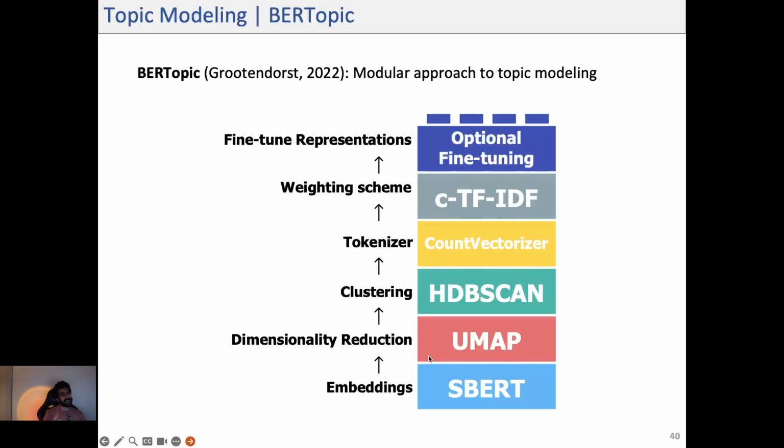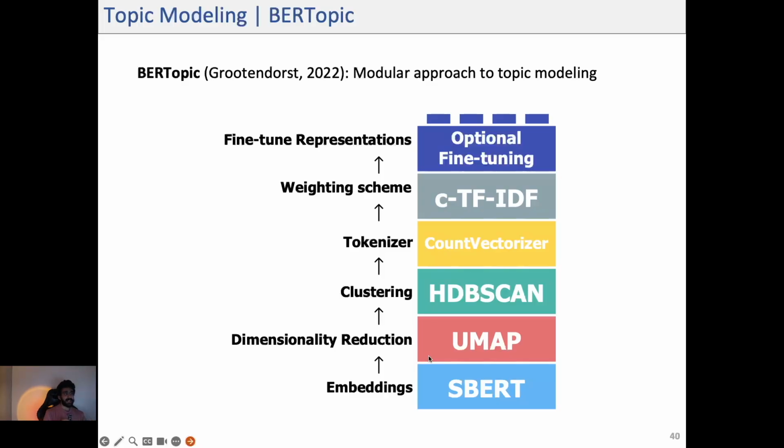Those are actually hard to work with directly. So next, we apply a dimensionality reduction technique, UMAP here. UMAP flattens this high dimensional space into a lower dimensional one, usually around 5 to 15 dimensions, while preserving the structure. And this helps us very much with visualizing and clustering the data more effectively.